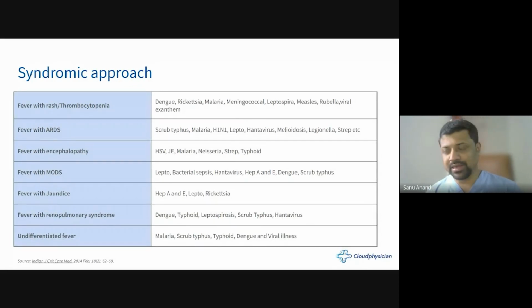Now, fever with rash, like I mentioned earlier, is the most common presentation. And in the adult population, dengue still remains the most common disease to land up in the ICU. Then there are various others.